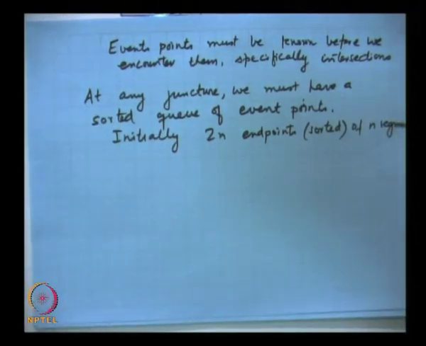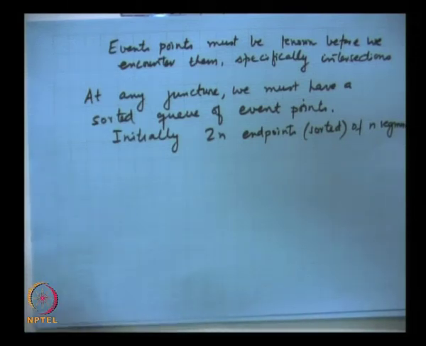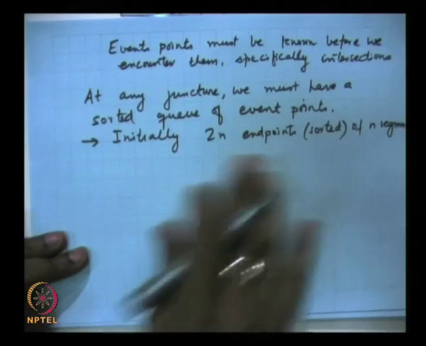So, this is my initial event queue for this line sweep. And then as we sweep, we should be able to insert the intersection points. Otherwise, if we miss the intersection points, then of course our algorithm does not work. We have to precisely discover all the event points. How we discover all the event points is what this entire algorithm is about.